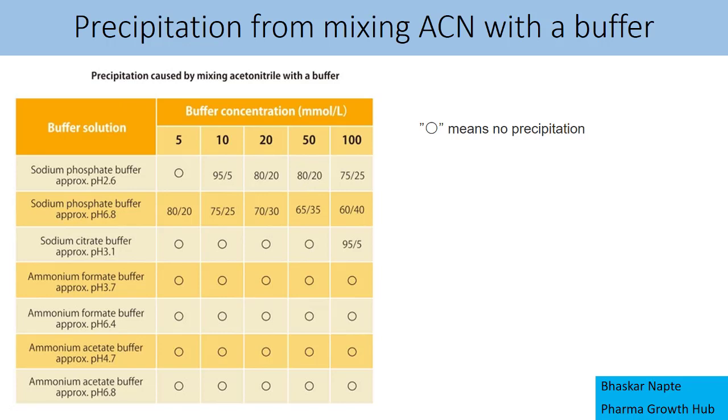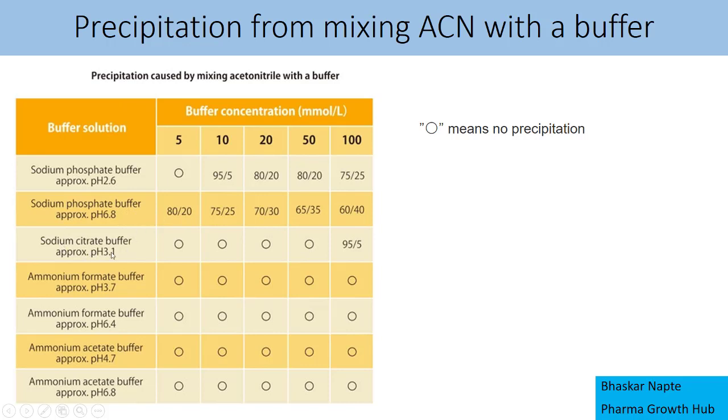Similarly, with 100 millimolar sodium phosphate buffer solution, precipitation happens at 75 parts of ACN and 25 parts of buffer. In the case of sodium phosphate buffer at approximately pH 6.8, ACN is not at all a good organic solvent.